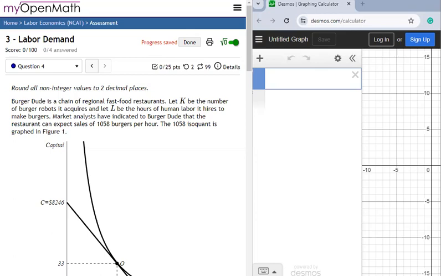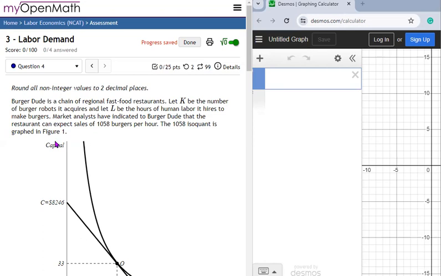Okay. So the firm, Burger Dude, is a chain of regional fast food restaurants. K is the number of burger robots it acquires, and L is the number of hours of human labor it hires to make burgers. So it uses robots and human labor to make burgers.